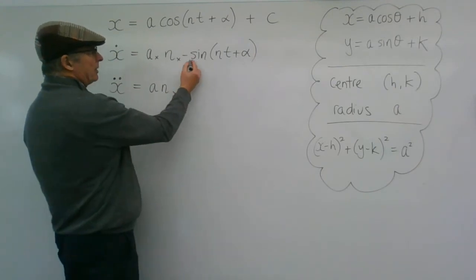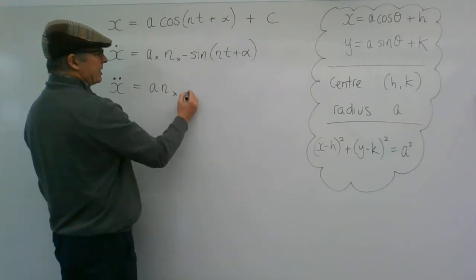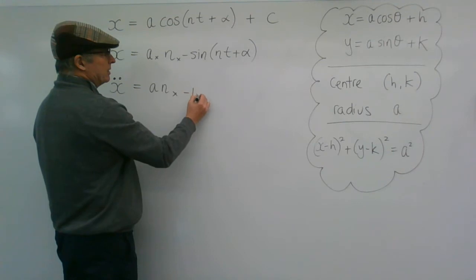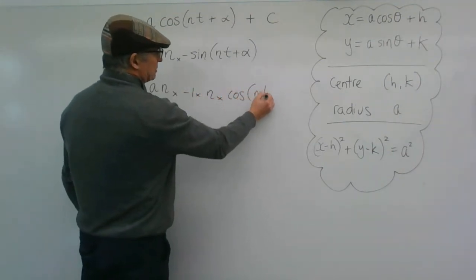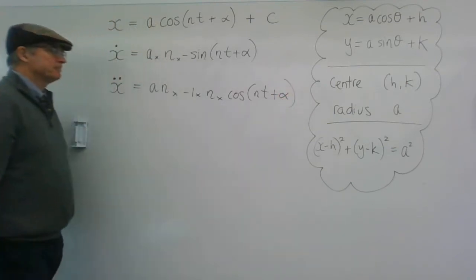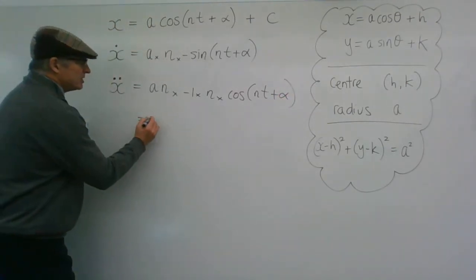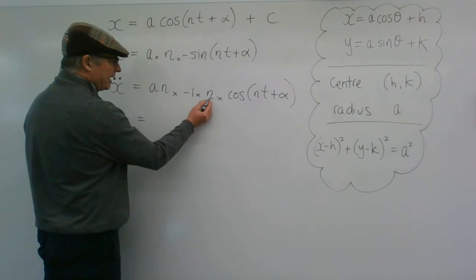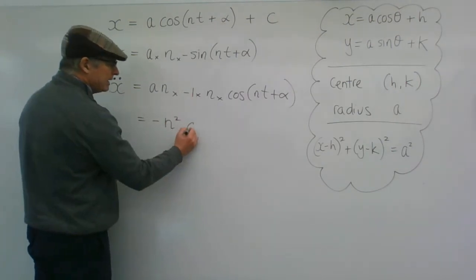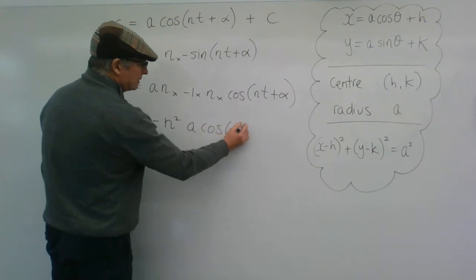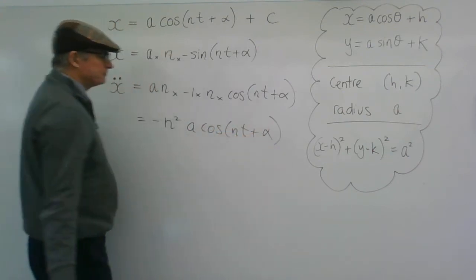And then I'm going to multiply by minus 1 times n times cos of (nt plus alpha). So it's actually, what have we got? n times n and a minus 1. We've got minus n squared, we've got an a cos(nt plus alpha).